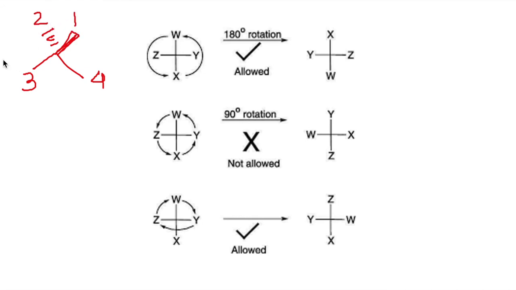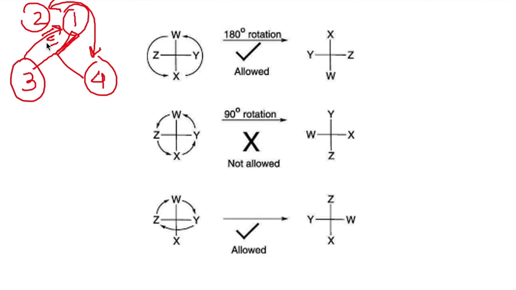One of the ways that we can accomplish having the 4 in the back will be to do 2 swaps, right? So we could swap 2 and then swap the other 2, and that will give us the same molecule back. So that will tell us the stereochemistry of that center. So when we are looking at Fischer projections, that still stands. You can do 2 swaps of 2 pairs of groups, but there are other movements that you can do.